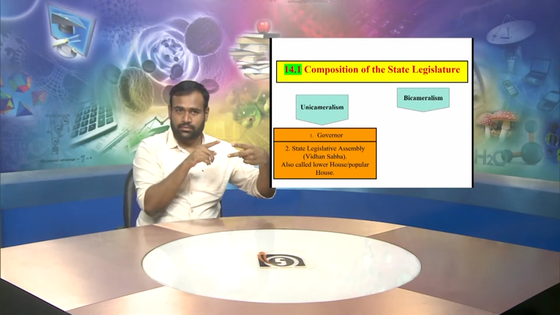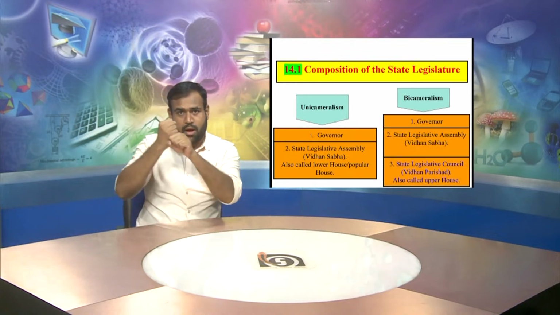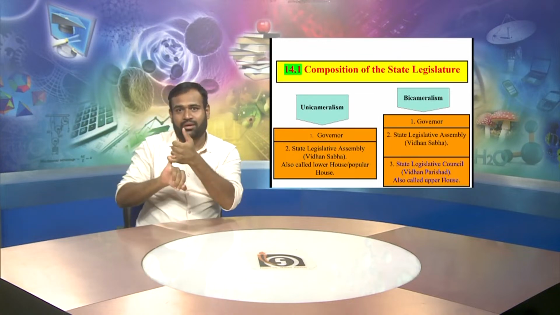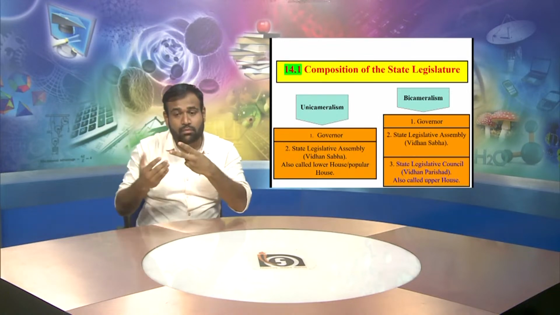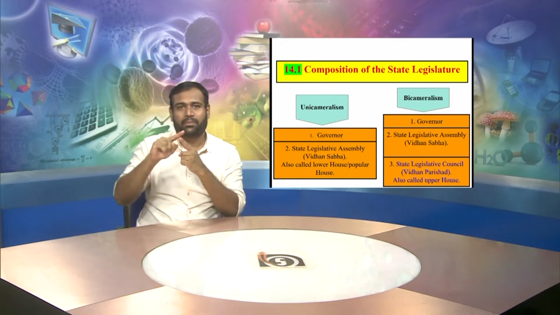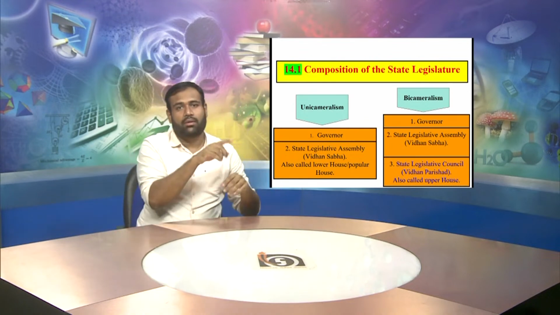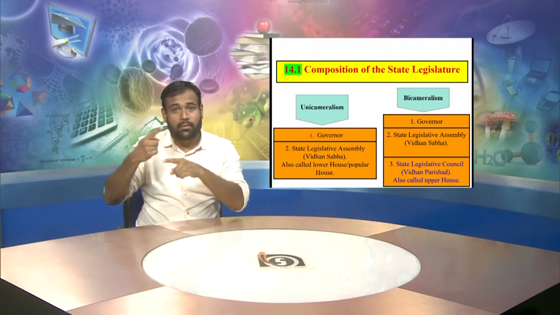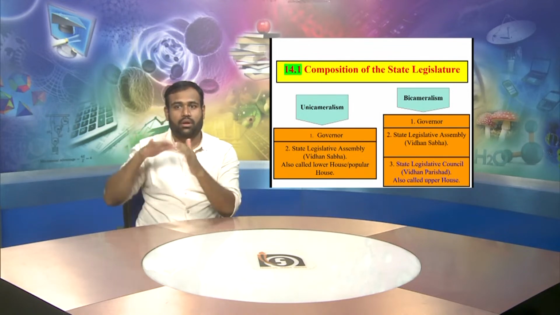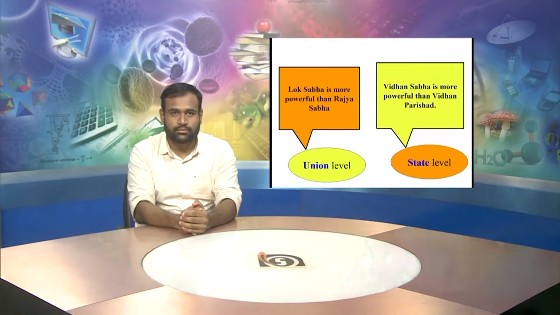You can understand with the help of the diagrams shown on the screen. Bicameral and unicameral are both different. With the 3 points mentioned below bicameral, we can easily understand the system, and on the other side, the 2 points below unicameralism explain the concept. So both are different.